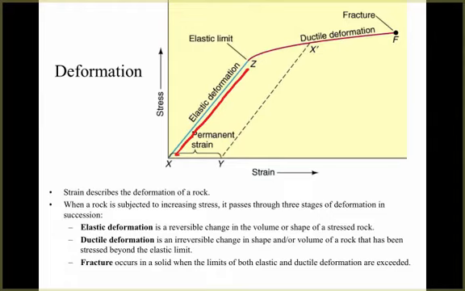That's followed by a ductile deformation that is an irreversible change in the shape and or the volume of a rock that has been stressed beyond the elastic limit. And finally, the fracture happens in a solid when the limits of both the elastic and the ductile deformation are exceeded. So that's a permanent failure.